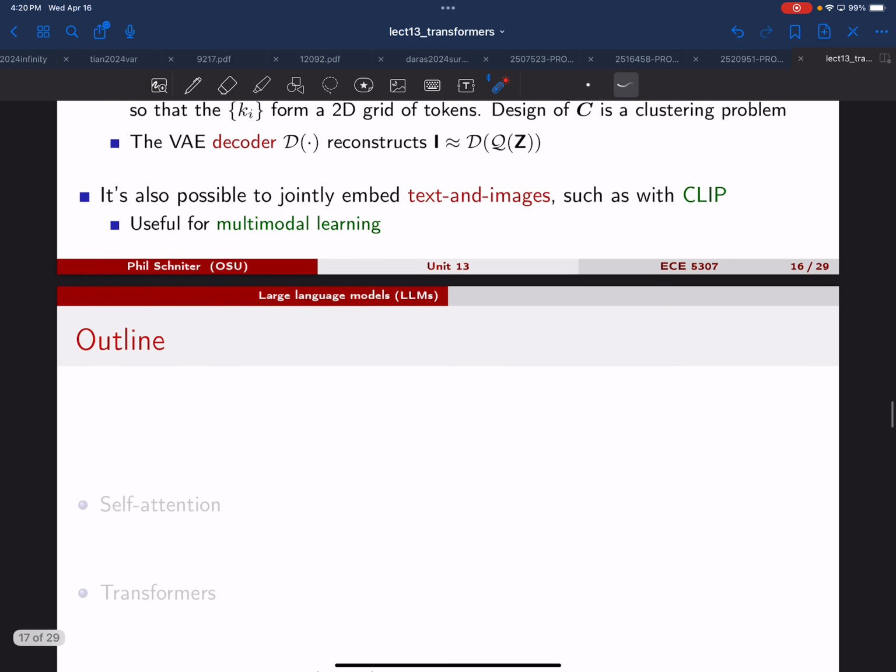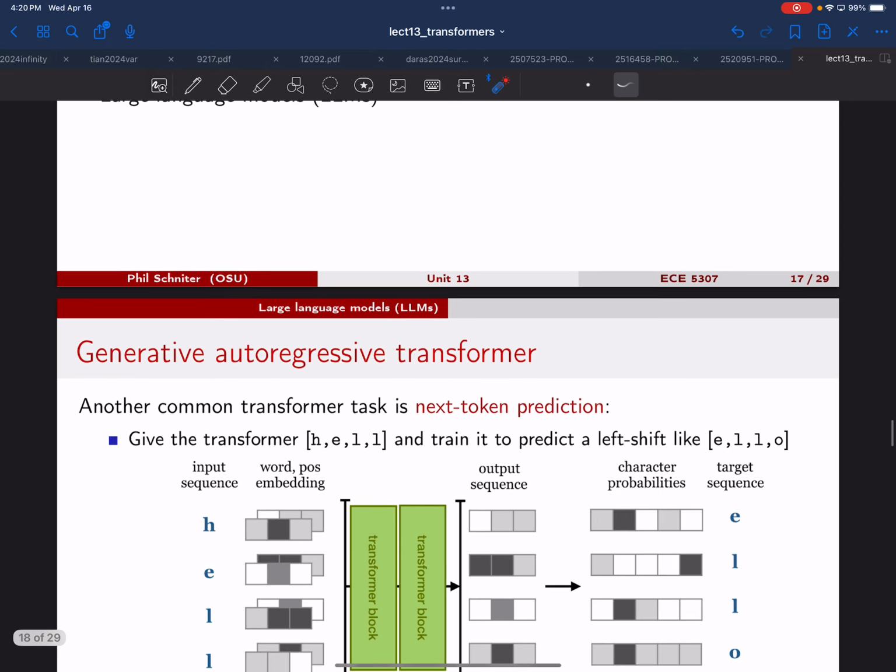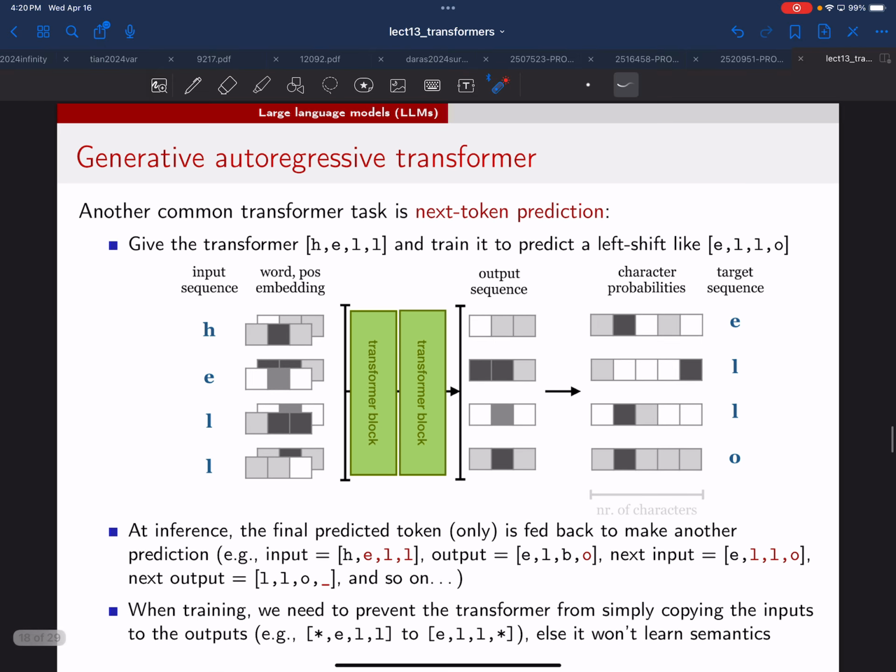Okay, so let's now talk a little bit more about large language models and text generation. This would be another task that you could use with these transformer blocks, and this task is called next token prediction. You have this transformer, which is a cascade of transformer blocks. Here you can see we have our input sequence, the embeddings, and the positional encoding.